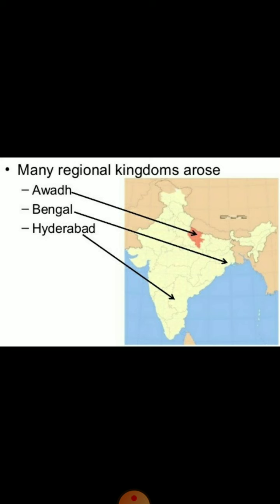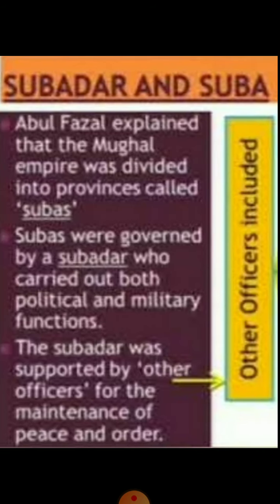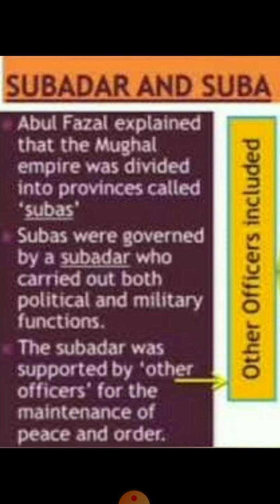These regions were very rich and fertile because they were situated on the alluvial plains. Most of these Subadars also held important positions in the military and therefore had strong finance, hence became powerful.